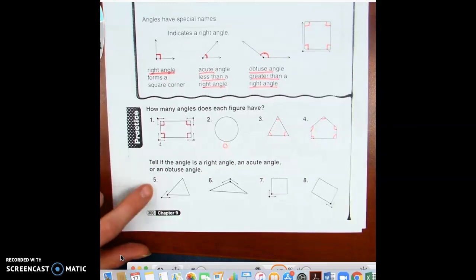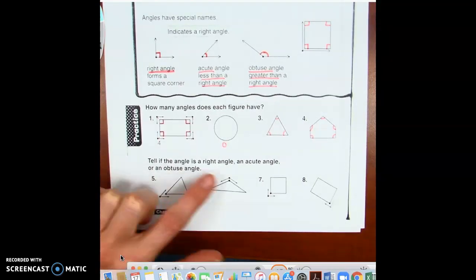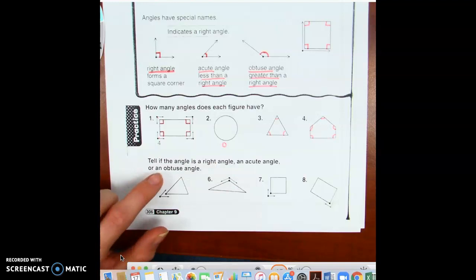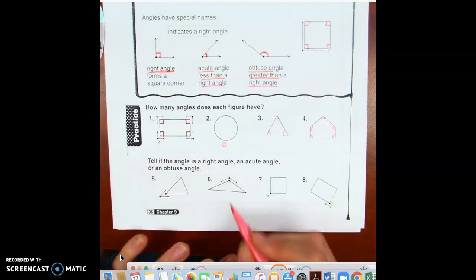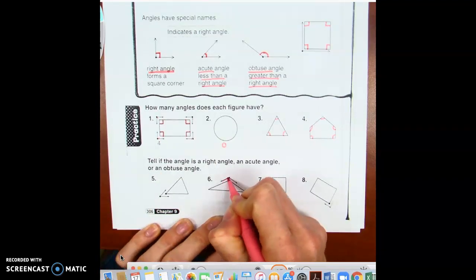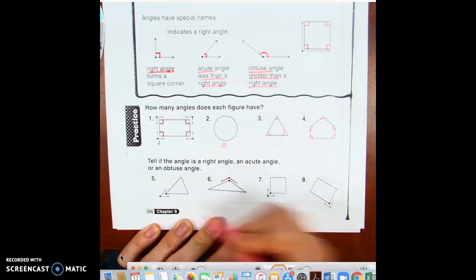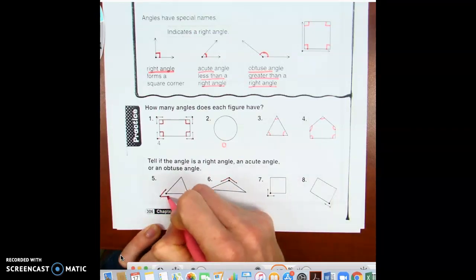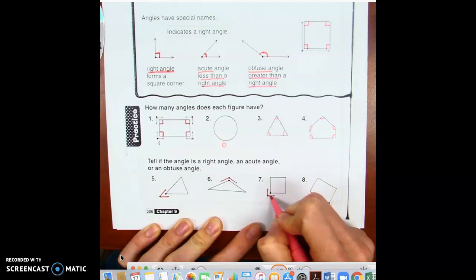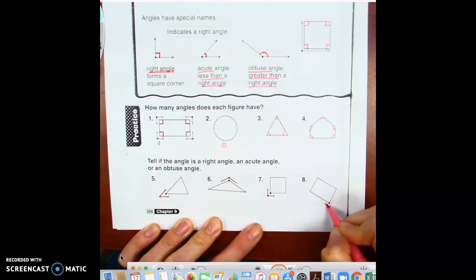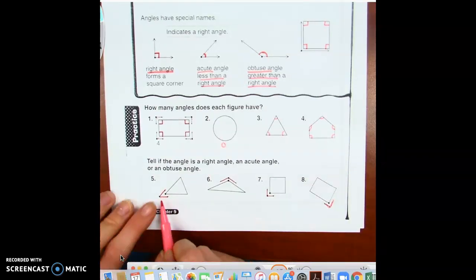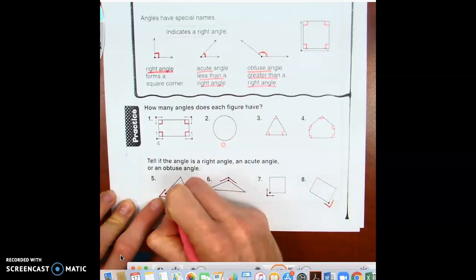on this part you're actually going to tell if the angle is a right angle, an acute angle, or an obtuse. And you need to pay attention to which angle they're talking about. Because on some shapes you can actually have different kinds of angles. And so make sure you note that on number 5 they're talking about this angle here.